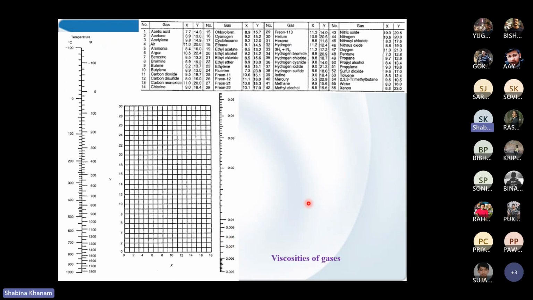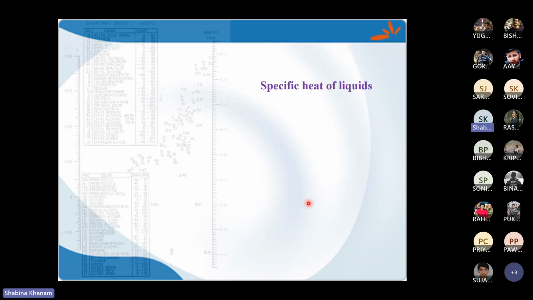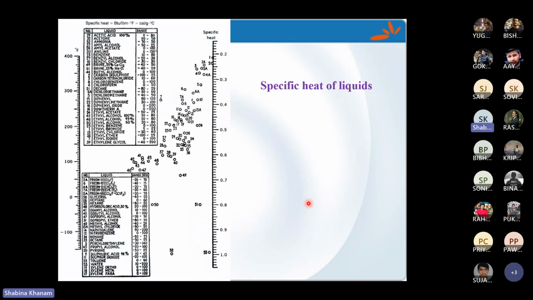So in this way you can find the viscosity of liquids and gases. Another important property we have is the specific heat of the liquid.